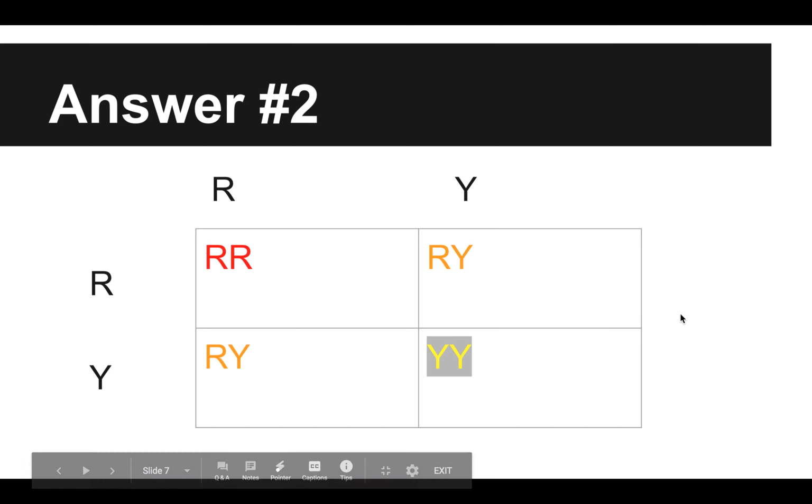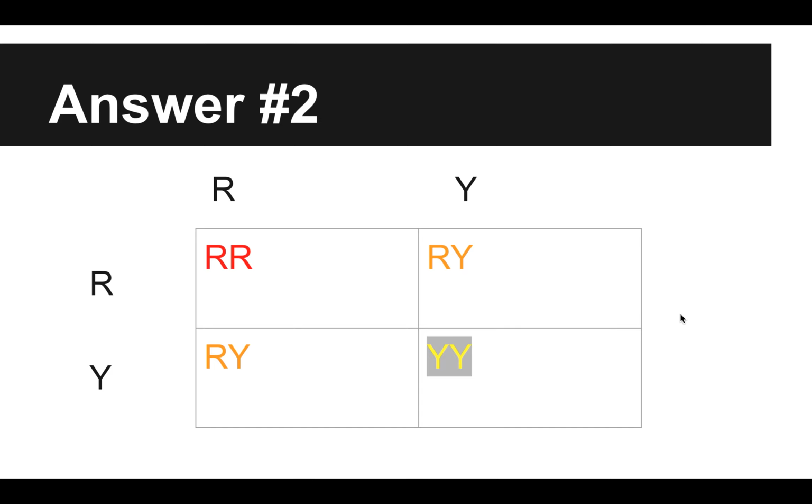So notice, unlike with dominant and recessive, if you have a new genotype, you also have a new phenotype. With just dominant and recessive, the dominant one could cover up the recessive one, and so the phenotype might be different. Here, every time you have a different genotype, you also have a different phenotype.